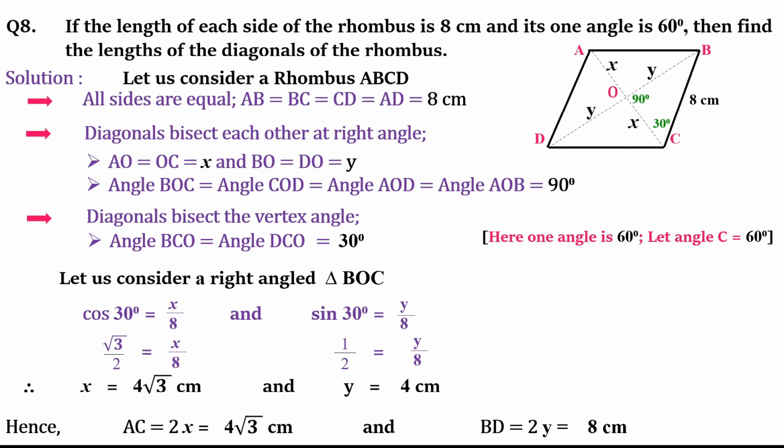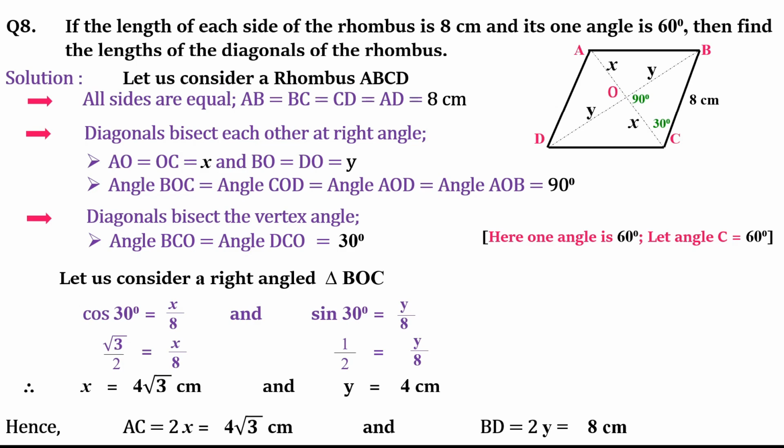Now they are not asking us the value of x and y, they are asking you to find the value of AC and BD. We already said AC is twice of x because the diagonal AC got bisected at O. So if OC is x, AO is also x, that means AC is 2x. So I have to multiply 2 with the value of x.